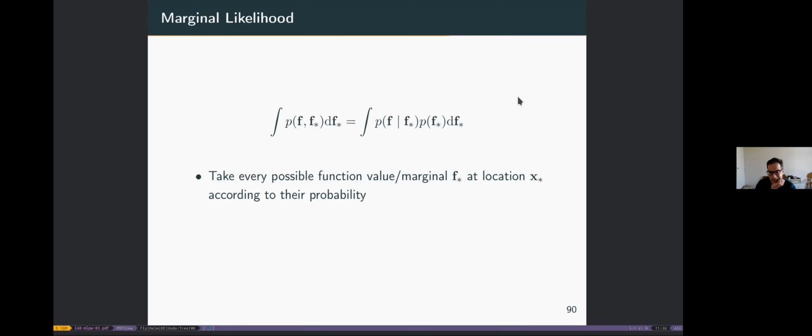If we do the product rule, we can split it up like this. Effectively what this means, if we take the analogy that we took with sums last time, is that I draw every possible function that I can, at location x star, according to their probability.